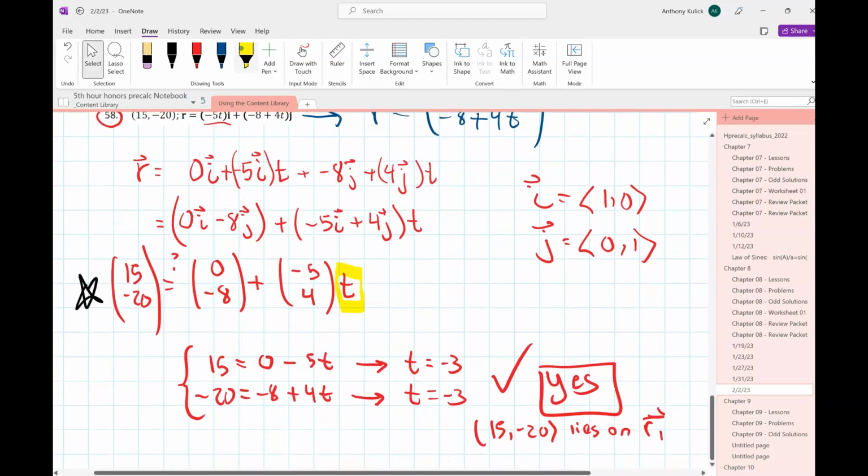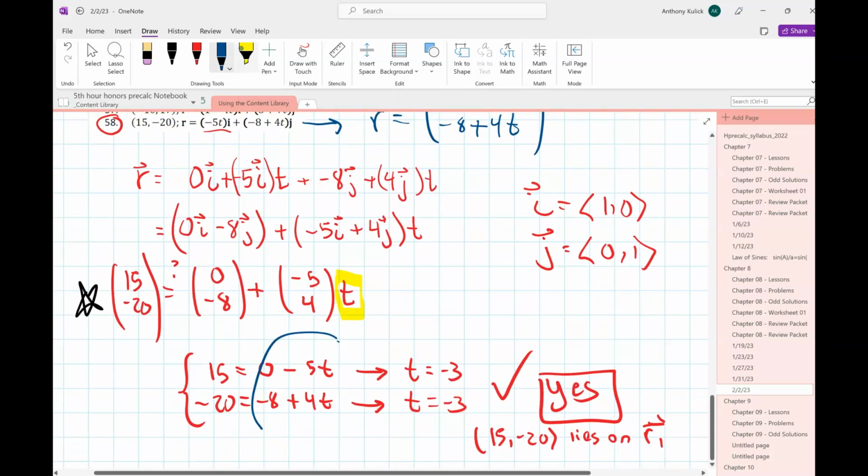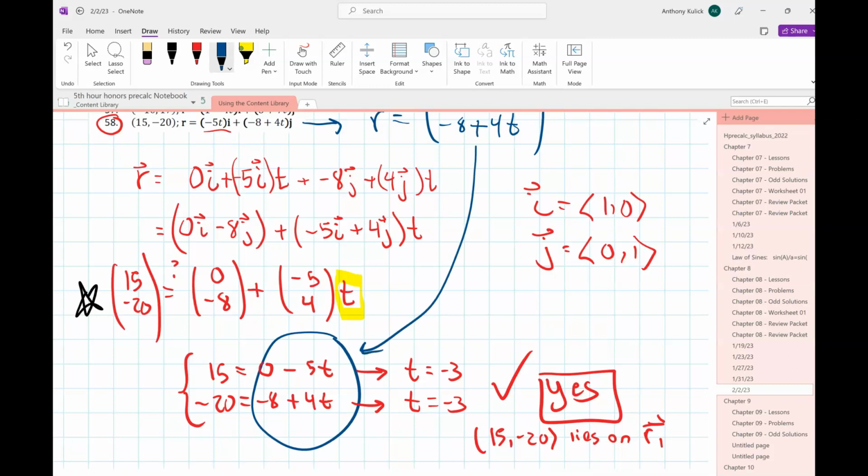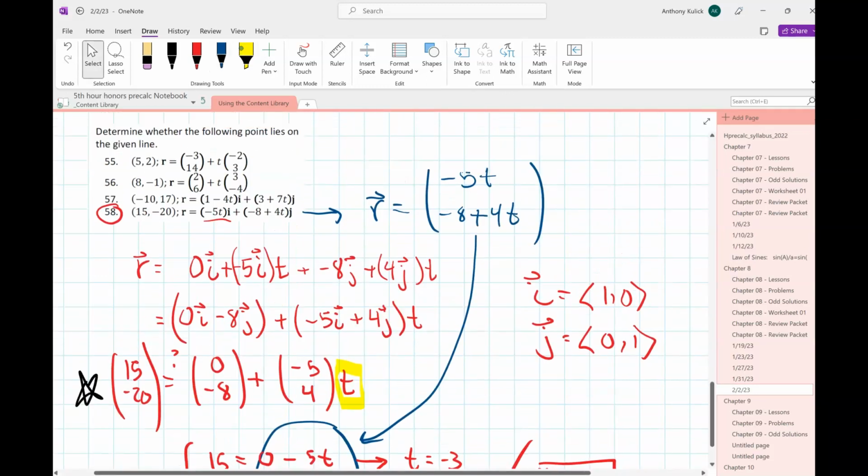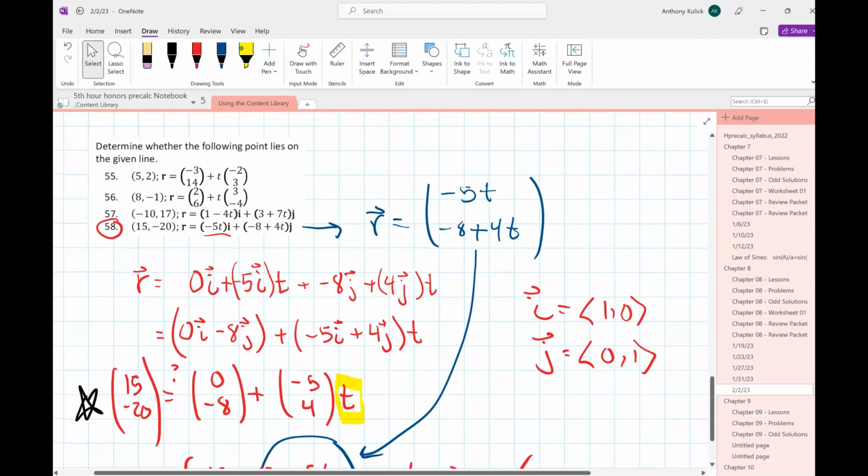You're at the same spot we were here. We just went there immediately. Now I chose to take my time going there to connect linear combination form with this ij component form to re-explain what was going on, but there's no reason you couldn't just look at this and translate it. The stuff that would attach to the i is in the x. The stuff attached to the j goes in the y. That's all I need. Set it equal to my point and go.